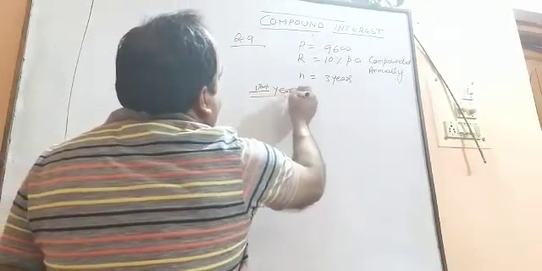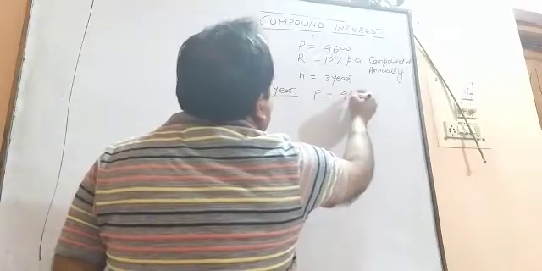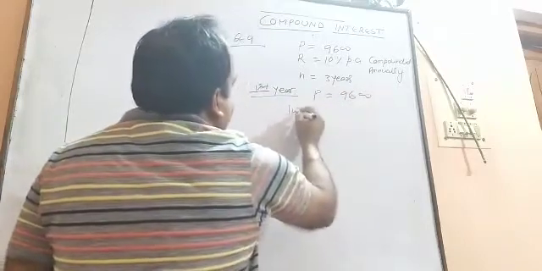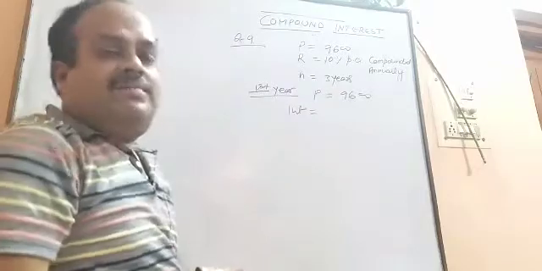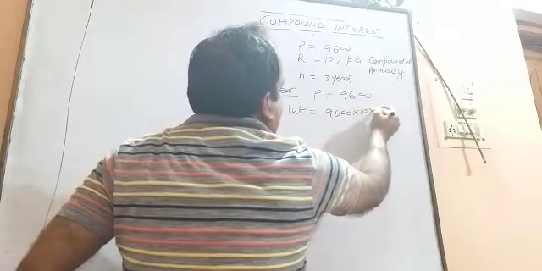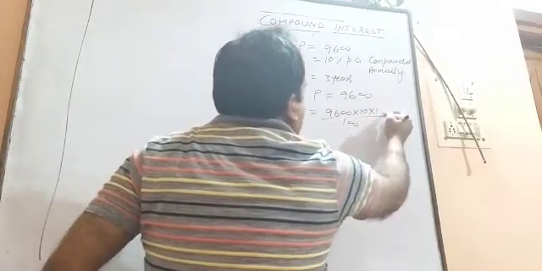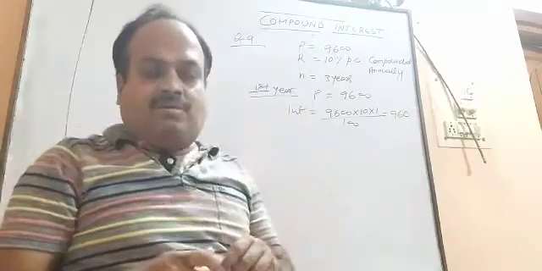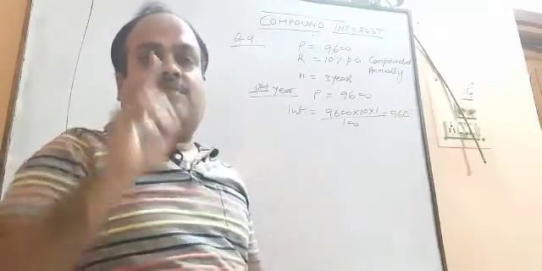So for first year, the principal is 9,600 and the interest we can calculate by the formula P into R into T upon 100. 9,600 into 10 into 1 upon 100, which comes as 960. So 960 is the compound interest, or you can say simple interest, of first year.